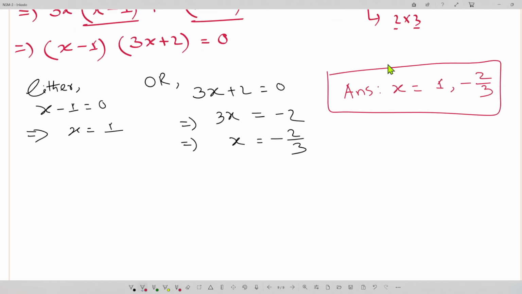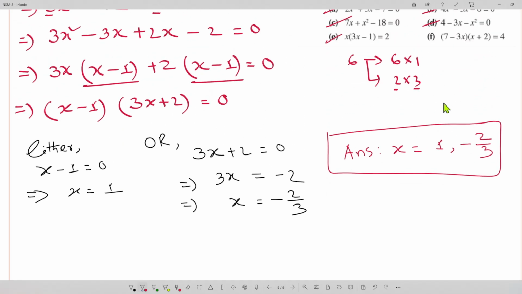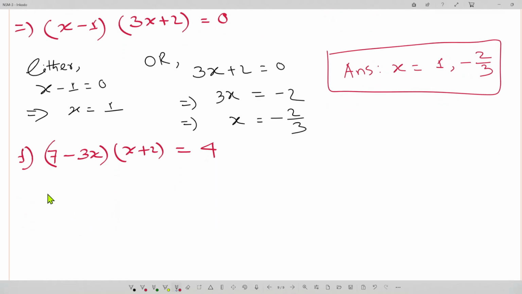And today's last question, we can write here number F, (7 minus 3x) times (x plus 2) equals to 4. Right? Now first we have to expand this one.